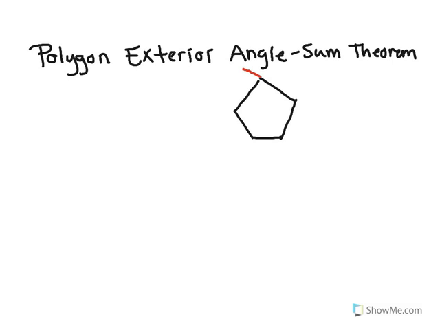I'm going to extend this one here, extend this one here, and here, and here, and here. So I have 1, 2, 3, 4, 5 exterior angles. And there is a direct relationship between this. And it's for any polygon in general. And that is that all of the sums of the exterior angles adds up to 360 degrees.